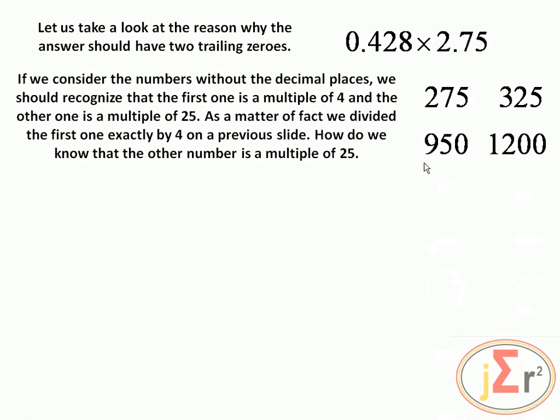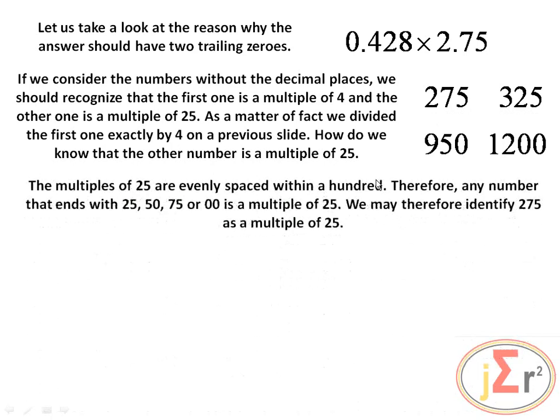All of those numbers, 275, 325, 950, and 1200, all of those numbers are multiples of 25. Why? The multiples of 25 are evenly spaced within 100.